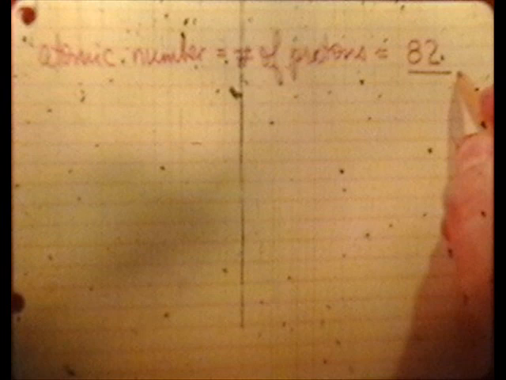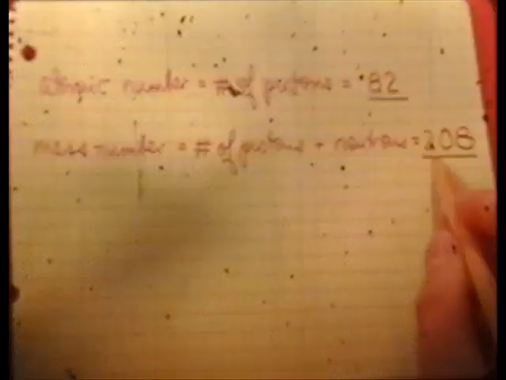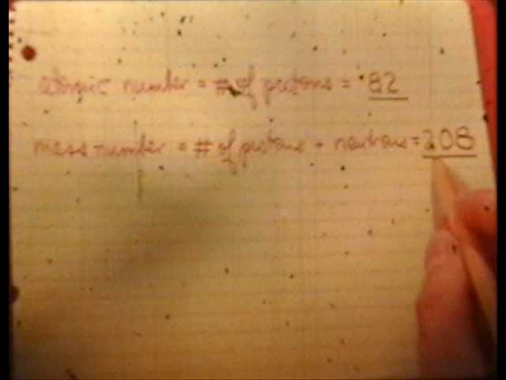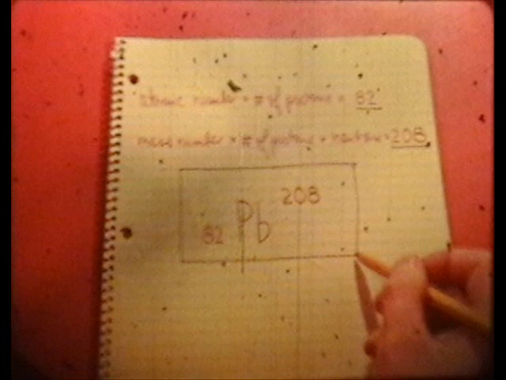The atomic number is the number of protons, or 82. The mass number is the sum of the protons plus neutrons, 82 plus 126, or 208. Therefore, the complete isotopic symbol is 82Pb208.